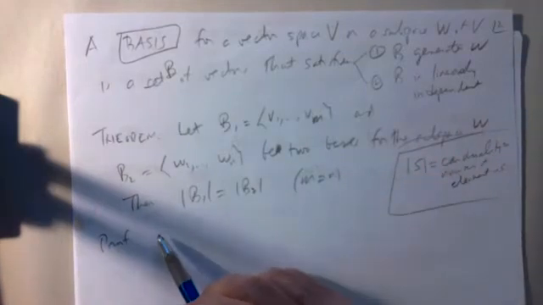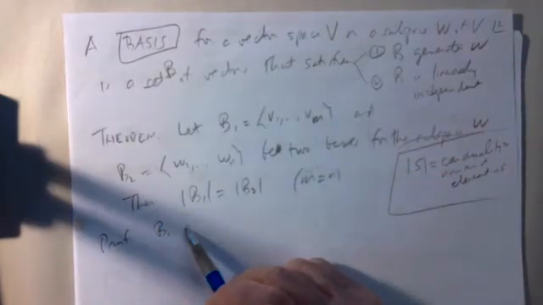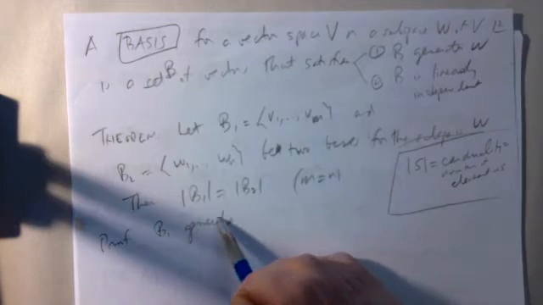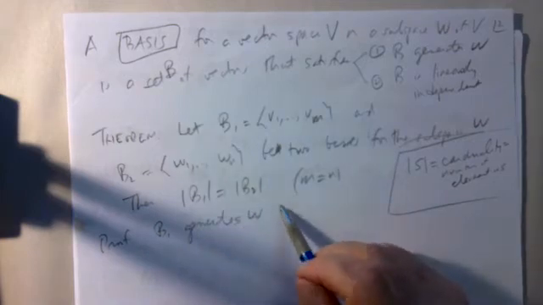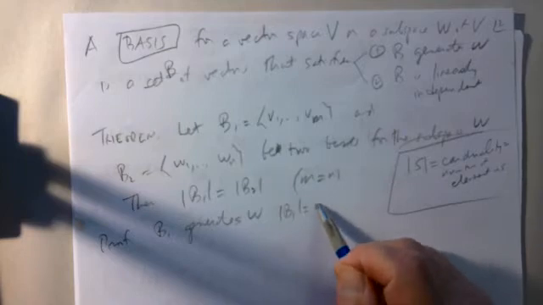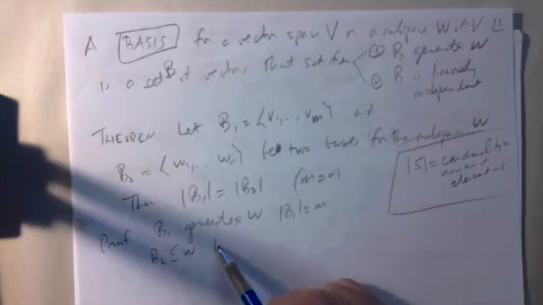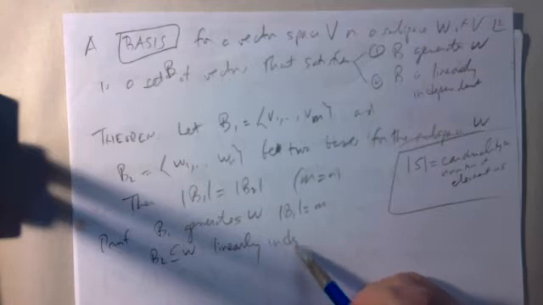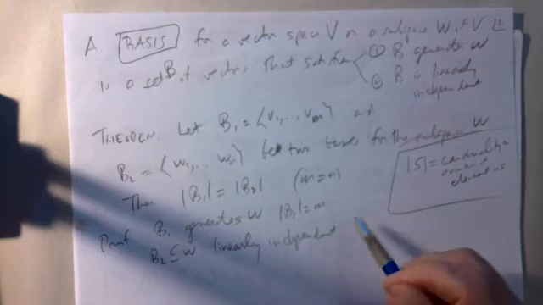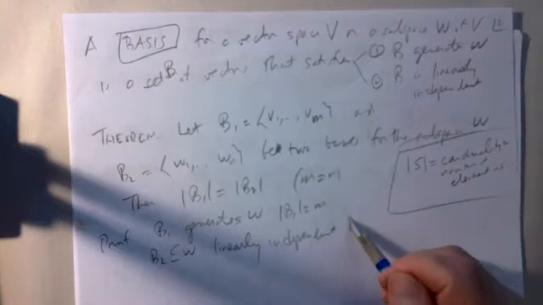So we have B1 generates W, and B1 has m elements. B2 contained in W is linearly independent, and it has n elements.